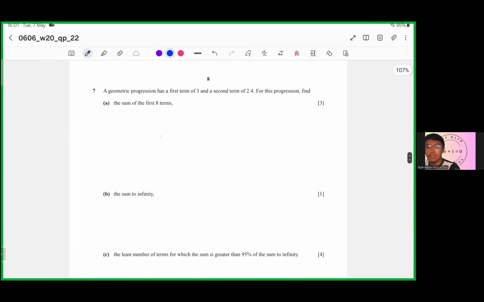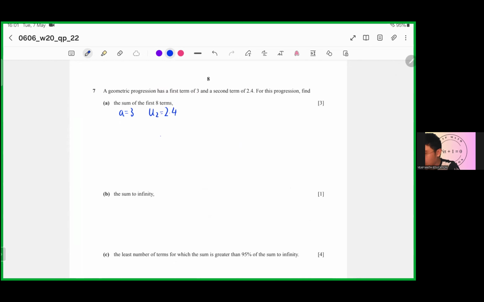Question 7. A geometric progression has the first term of 3 and the second term of 2.4. For this progression, find the sum of the first 8 terms. Now we can write a equals 3, then the second term equals 2.4.